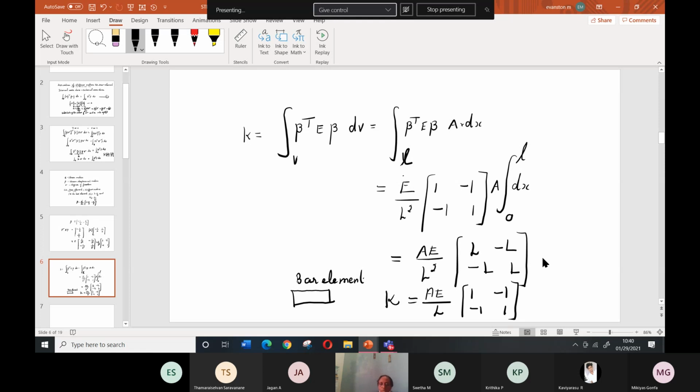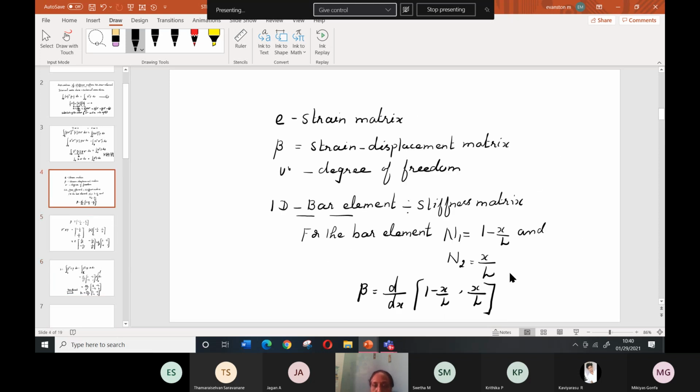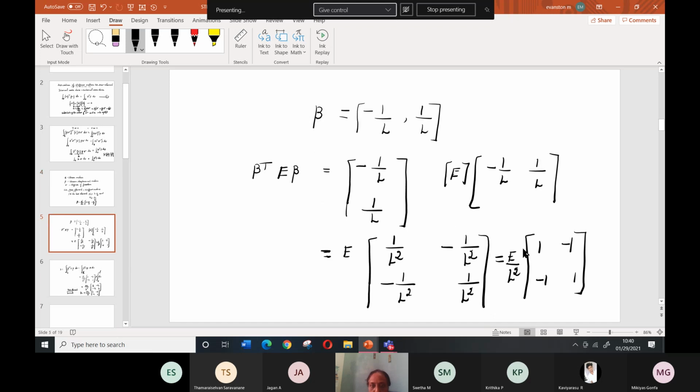Okay. So similarly, you have to do it for your beam element. What you will take for the beam element, N1 is equal to, somebody help me, 1 minus some value. Then N2 is also there, N3 is also there, N4 is also there. Then you have to find out the beta value. You have to differentiate that and find out the value. Then you have to multiply and find out.